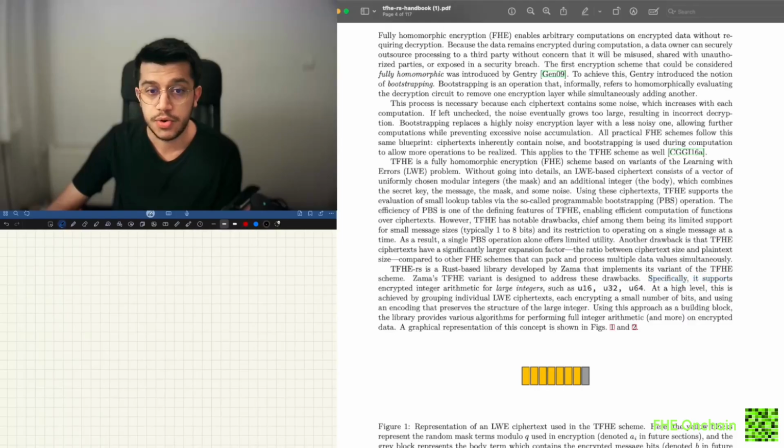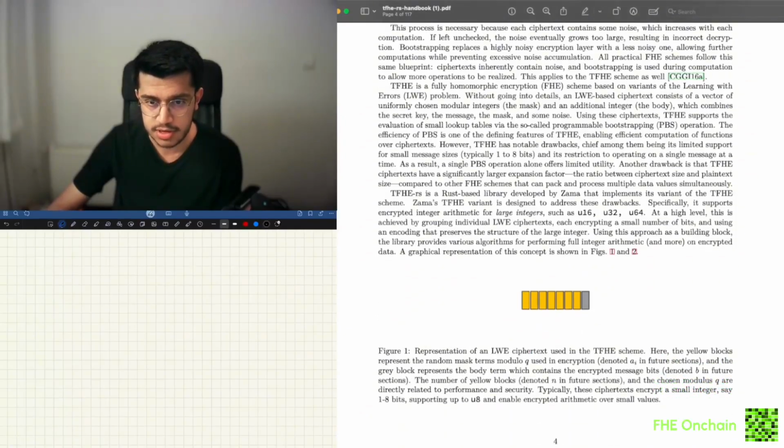Particularly, it supports encrypted integer arithmetic for large integers such as U16, U32, U64, because the earlier versions were not capable of doing this. Okay, so this is a good illustration to make it easier to understand the ciphertext structure.